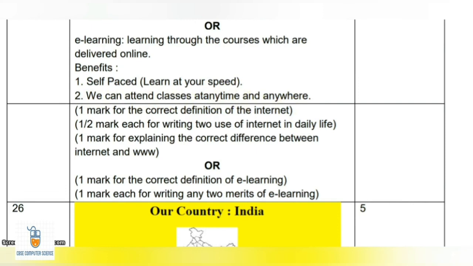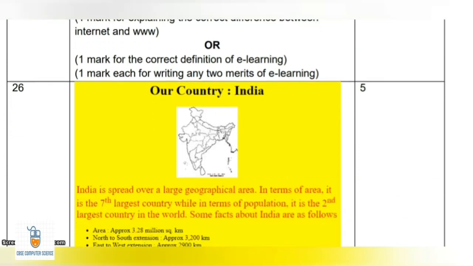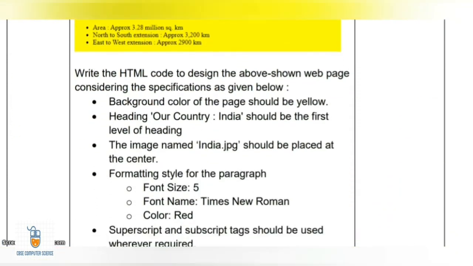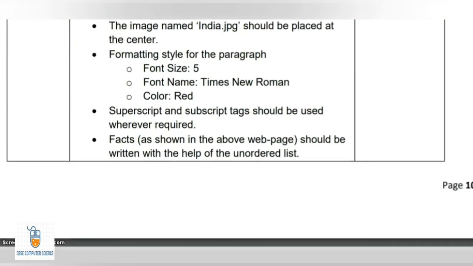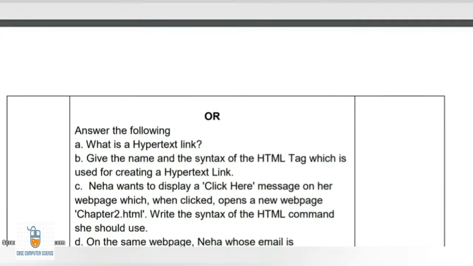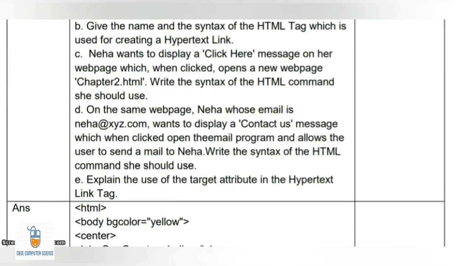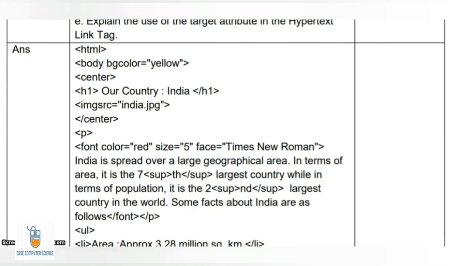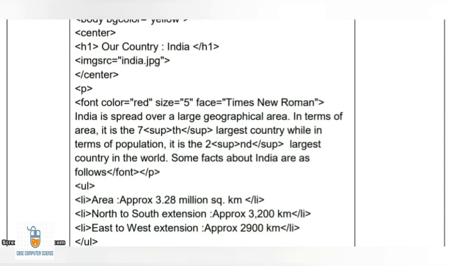Now the next question, number 26, is about HTML coding. This question is very important. It is for 5 marks, and here you have a choice. In the first part, some output would be given and certain 5 points would be given. You need to satisfy those 5 points and write the HTML code for the given thing. And in the second part there would be 5 smaller questions and you need to answer all those 5 questions.